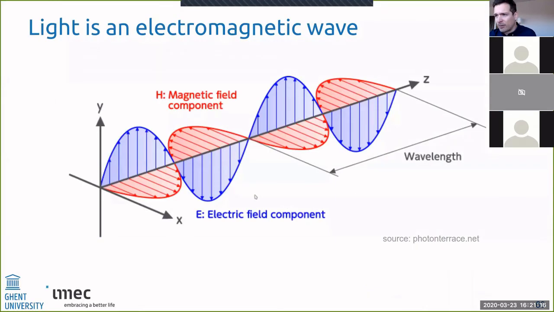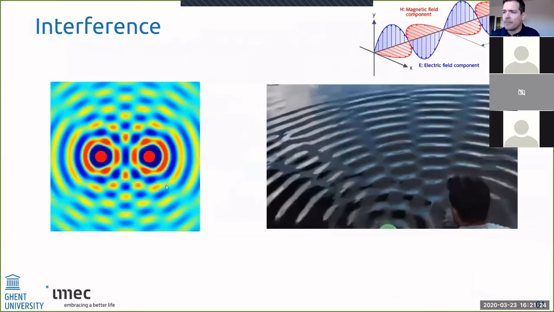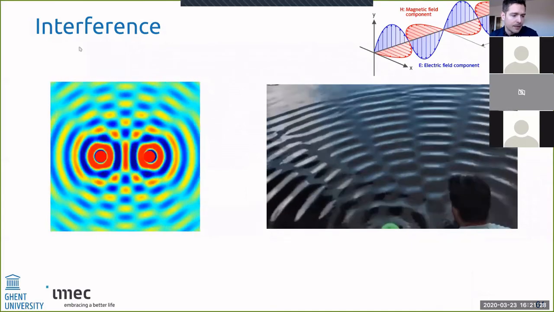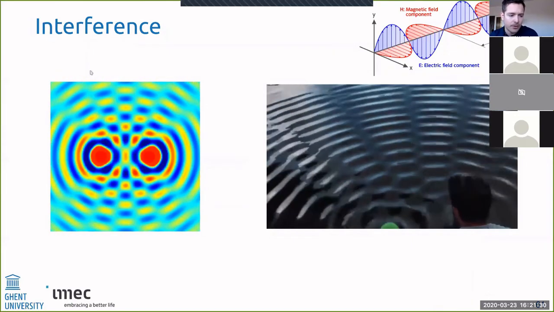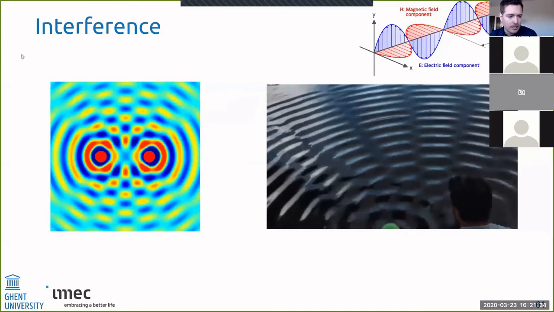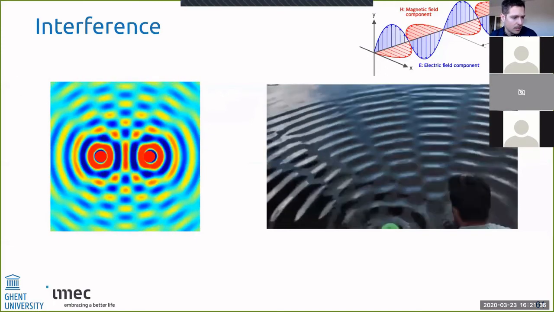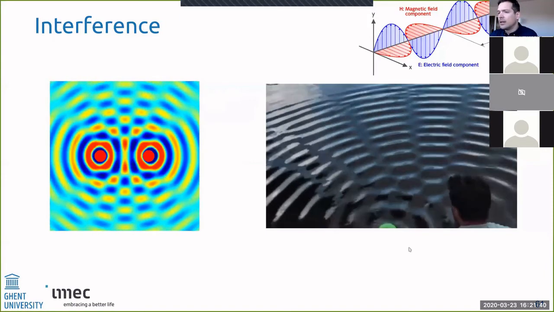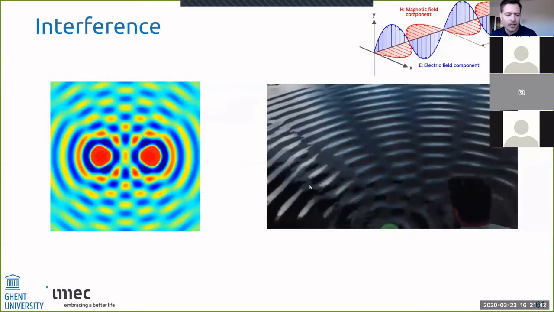Before we start this part, it's important to recall that light, as you may know, is an electromagnetic wave, and the cool thing is that electromagnetic waves interfere just like ripples on a pond. When waves interfere, you get regions of high intensity and regions of low intensity, where there are almost no waves.